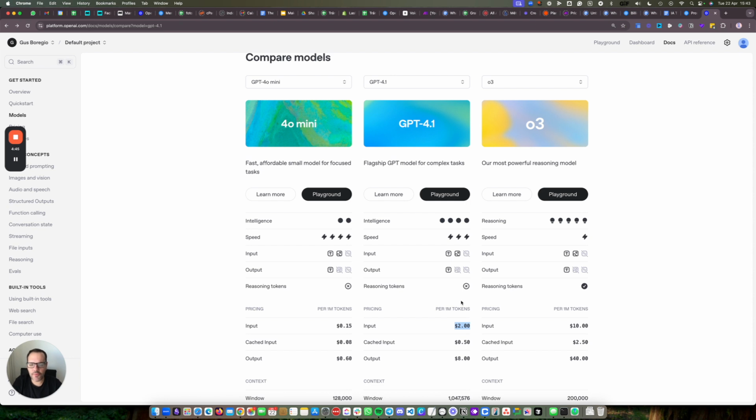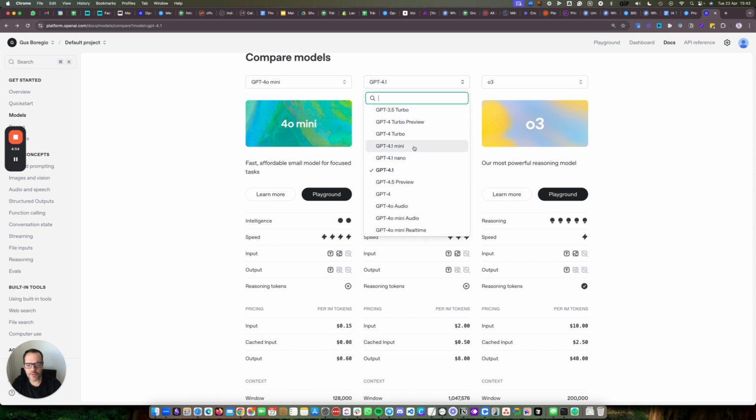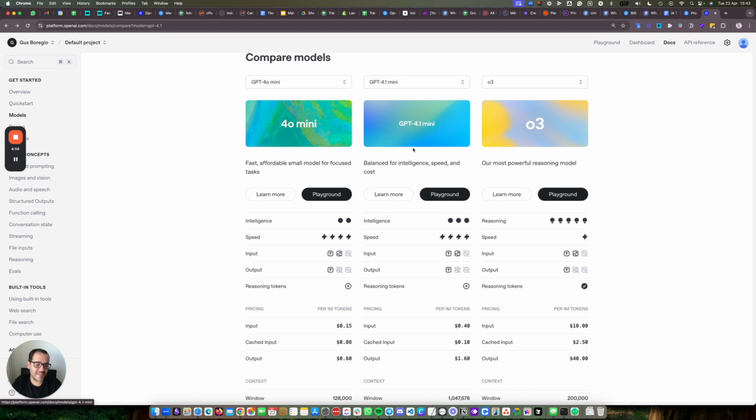So even though 4.1 is working beautifully, and it follows instructions better than anything else, we're not using this one for most clients. We are migrating to 4.1 Mini because it gives us very good results, and is way more cost effective, right? So yeah, this is our model of recommendation right now, the 4.1 Mini. And the one that we are using on most of our Manychat AI agent automations to do customer support, lead qualification, and all the other cool things that we're doing, right?